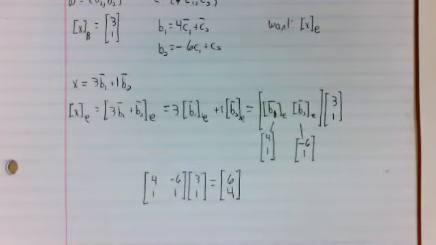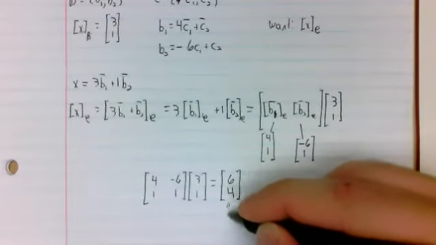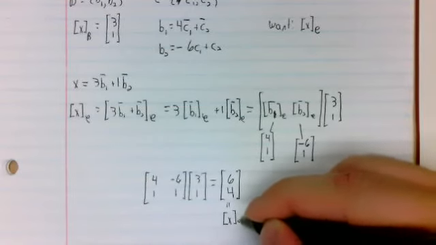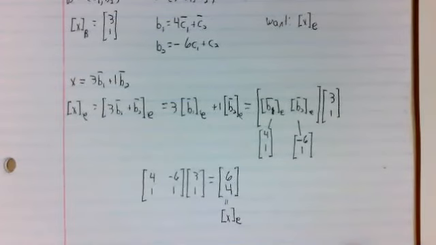So here's what we were looking for: the coordinate vector expressed in terms of the basis C.